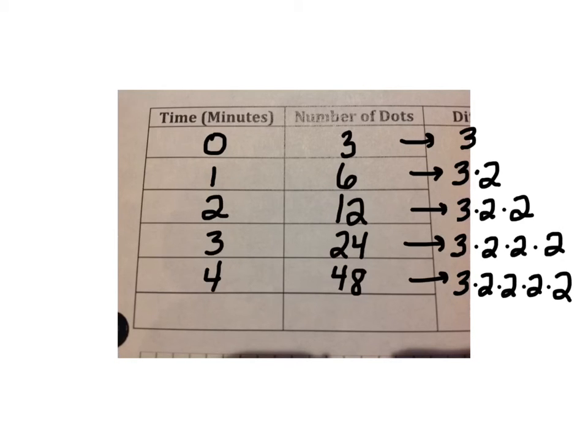Then you can see where that power of 2 comes in, and why 2 is the base, because it's the number being repeated, and then that base shows up the same number of times as how much time has passed.